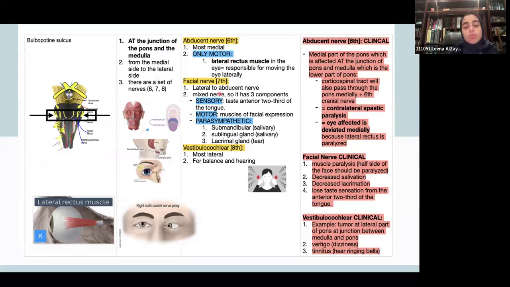Then you have the facial nerve, which is mixed sensory and motor. So sensory for the anterior 2/3 of the tongue, which is over here, and motor to all muscles of facial expression, and parasympathetic, so submandibular, sublingual, and lacrimal glands. Then we have the last one, the vestibulocochlear, which is the 8th nerve, the most lateral nerve compared to the abducent, which is most medial, and it's for balance and hearing.